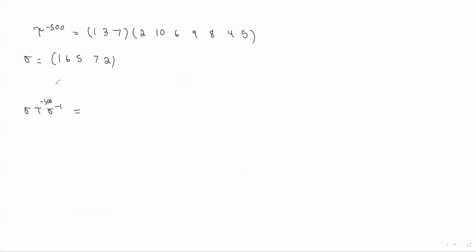So first I write tau to the negative 500 on top. It's 1, 3, 7, 2, 10, 6, 9, 8, 4, 5. And then I apply sigma to everything.